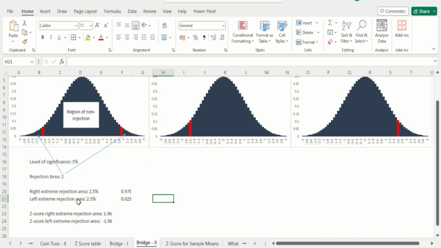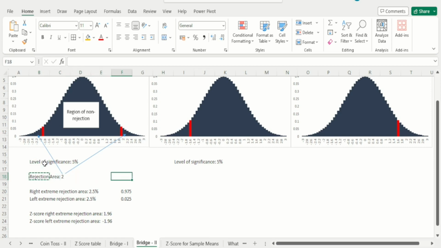Remember, we are currently discussing a double tail test. On the other hand, if you're looking at a single tail test, let's say the level of significance is again 5%. Just to recap, the level of significance is nothing but the amount of acceptable error that you can have in the statistical model for the null hypothesis test that you're doing.